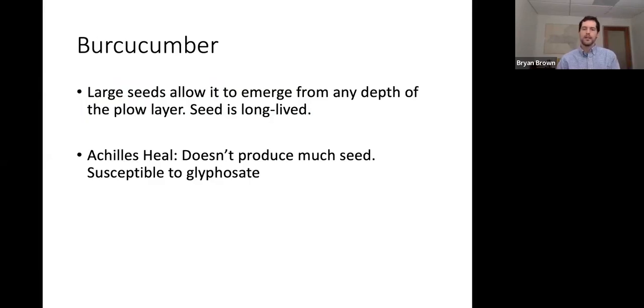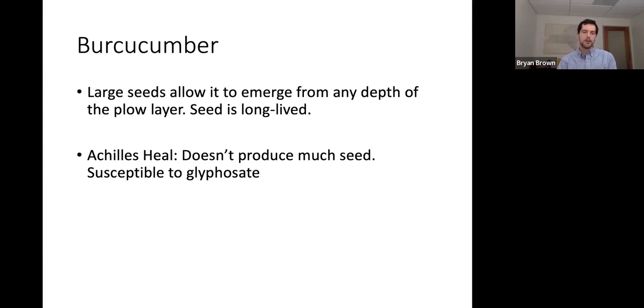And within that fruit, Burcucumber has 5 to 30 large seeds. Because those seeds are so large, it has the energy to emerge from just about anywhere in the plow layer. So it can emerge from very deep, which can help it get by a lot of residual herbicides and allow it to escape shallow cultivation. And unfortunately, it's a rather long-lived seed.